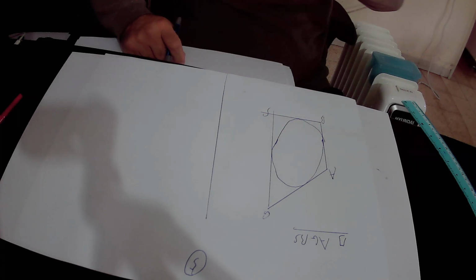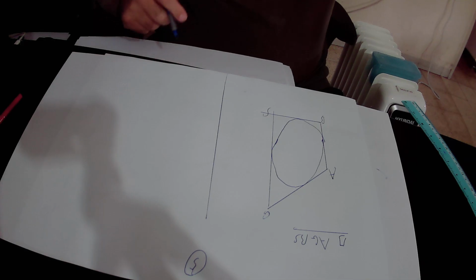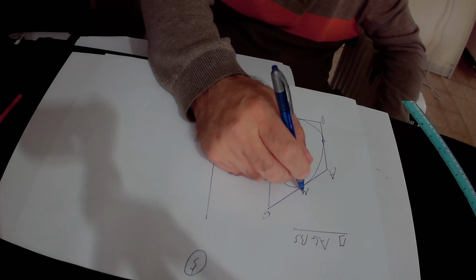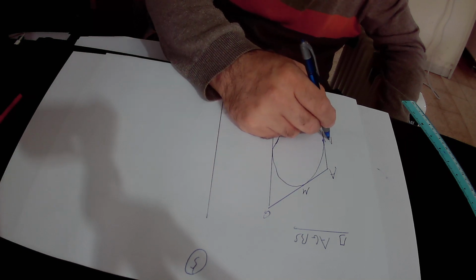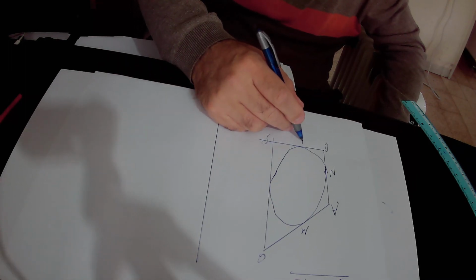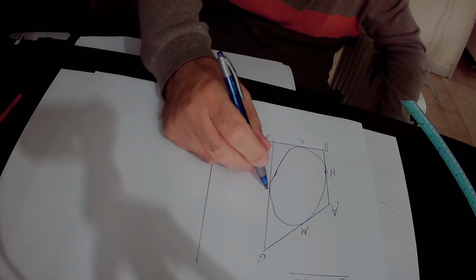That is to say, the quadrilateral and the circle have 4 points of tangency between them. We define the first point of tangency as M, the second point of tangency as N, the third point of tangency as N, and the fourth point of tangency as C.